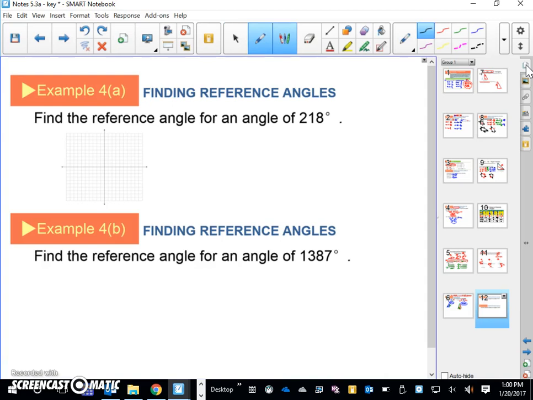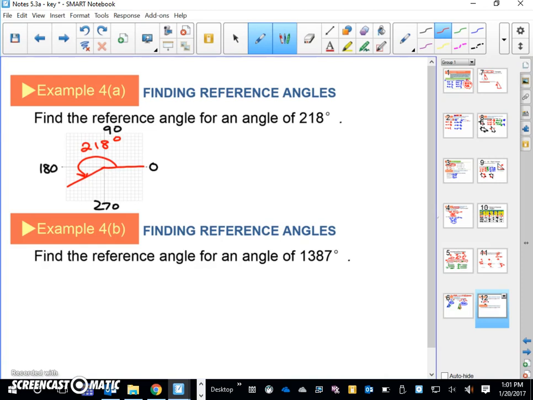So it helps to know the quadrantal angles: 0, 90, 180, and 270. We always need to know those. 218 is going to take us somewhere past 180 and before 270. I'll eyeball that and say that's 218 degrees. That takes us to the third quadrant.